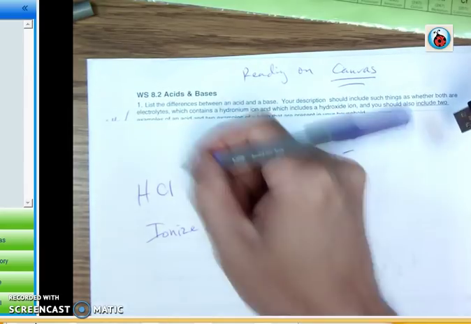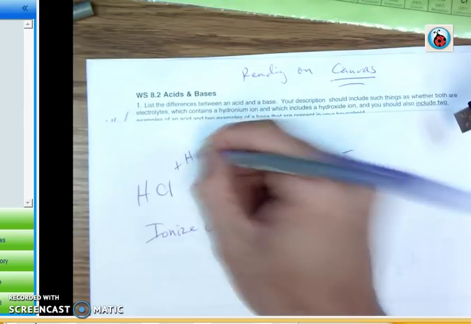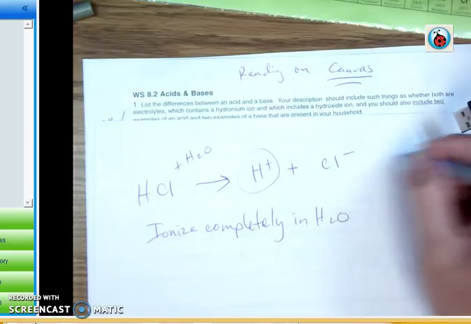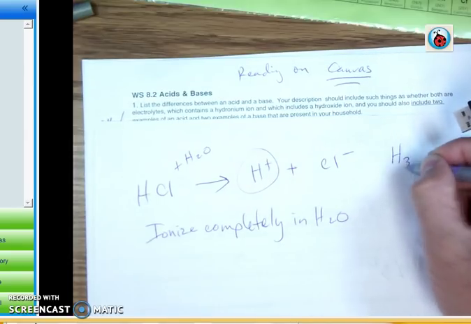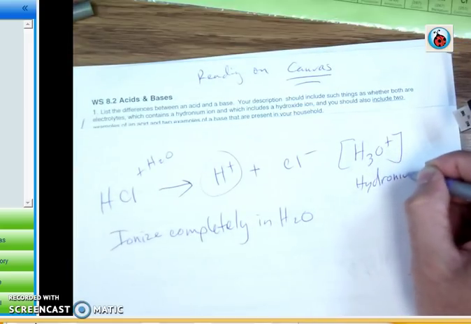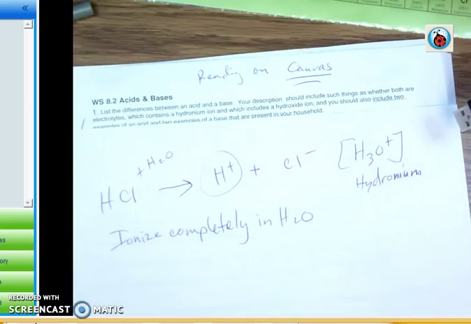So if you add that to water, it splits up, and this hydrogen is going to combine with water to form H3O, which sometimes you see as hydronium. A hydronium is equivalent to a hydrogen in water, basically.